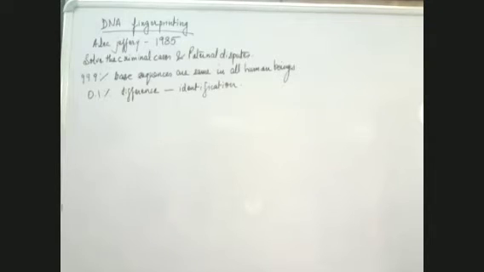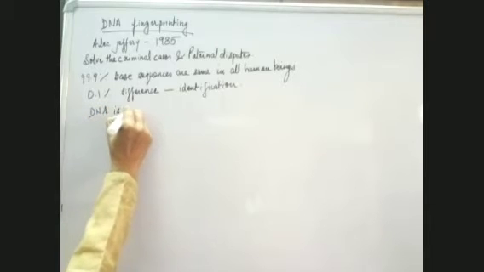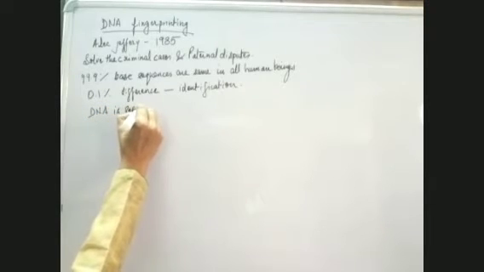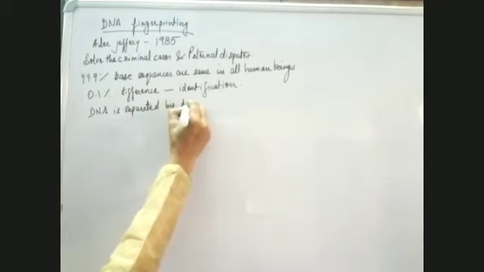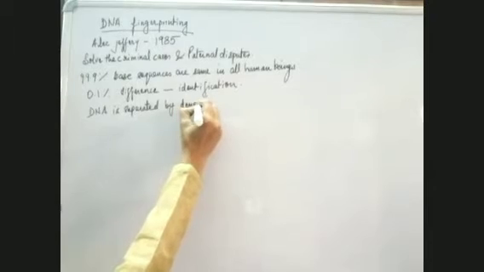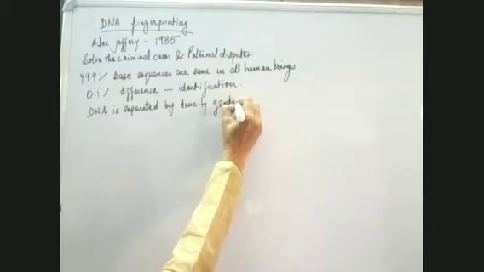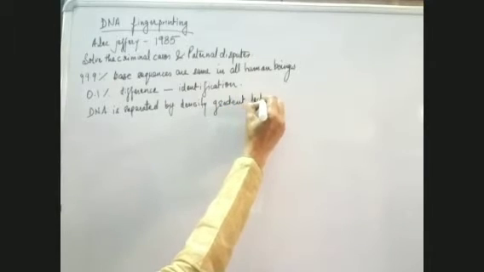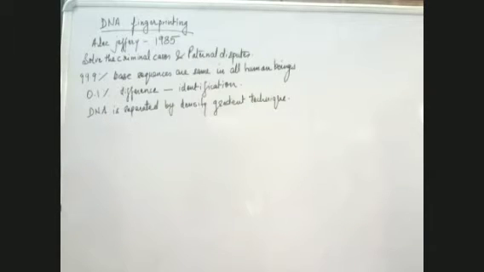Now, when the DNA of a human being is separated by the density gradient technique, we get two peaks.